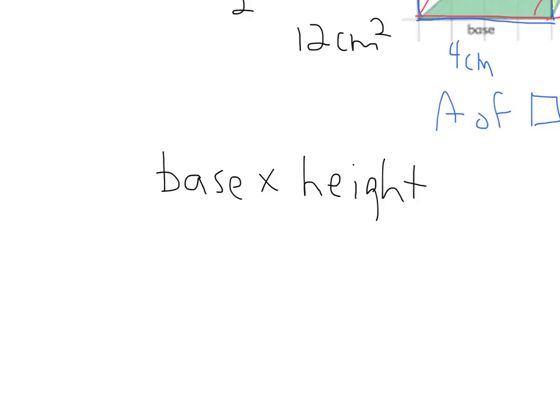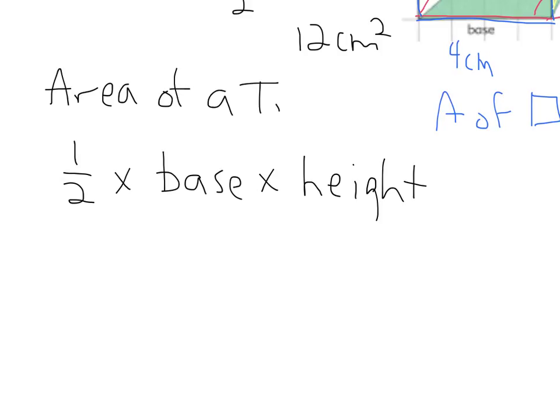And if we multiply those together, we would get a rectangle. But we've said that every triangle is actually 1/2 of its related rectangle. So if you want to know how to find the area of a triangle, it does not matter what kind of triangle, we can always do 1/2 times the base times the height.